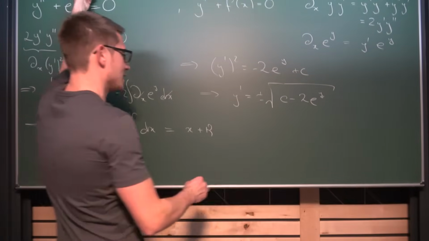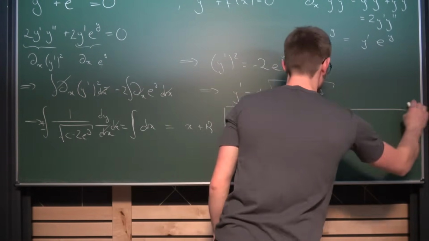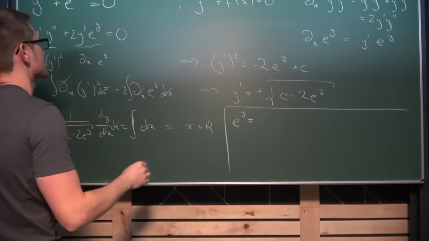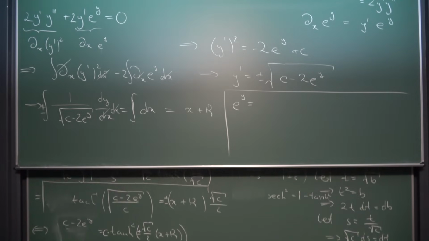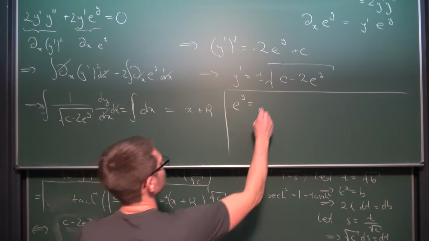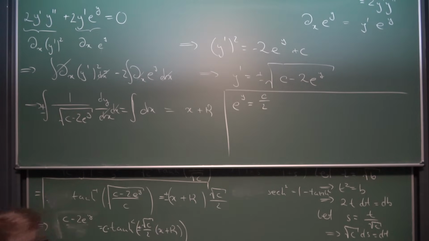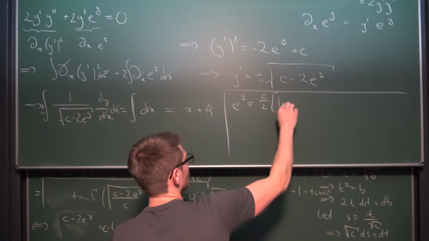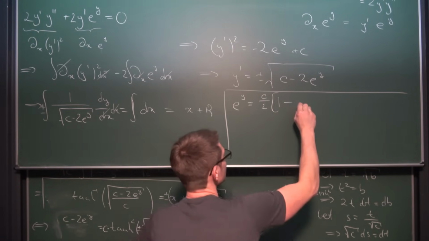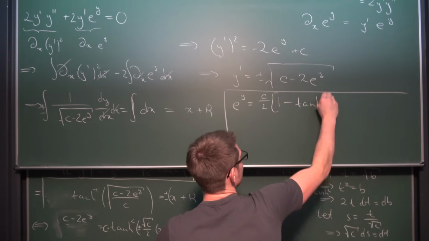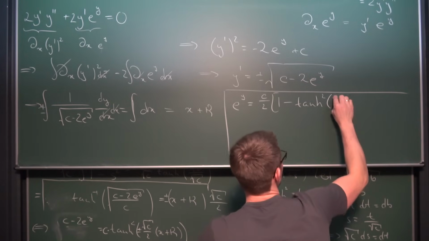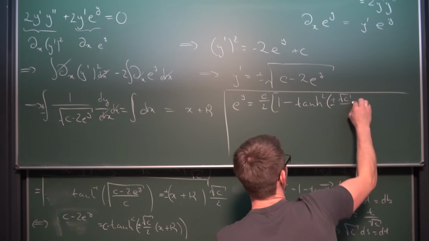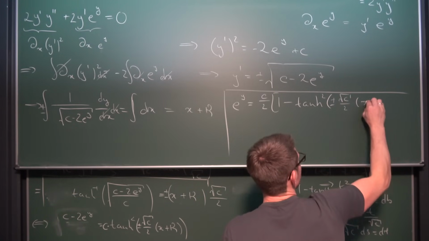Let me gather this and I hope it is correct. Then we get e to the y is equal to, what did I say just now? Give me a second. So we get c over 2 as a common factor. And here we get 1 minus the hyperbolic tangent squared of, this looks wrong, but it's probably right. Differential equations most of the time are not nice. x plus kappa.